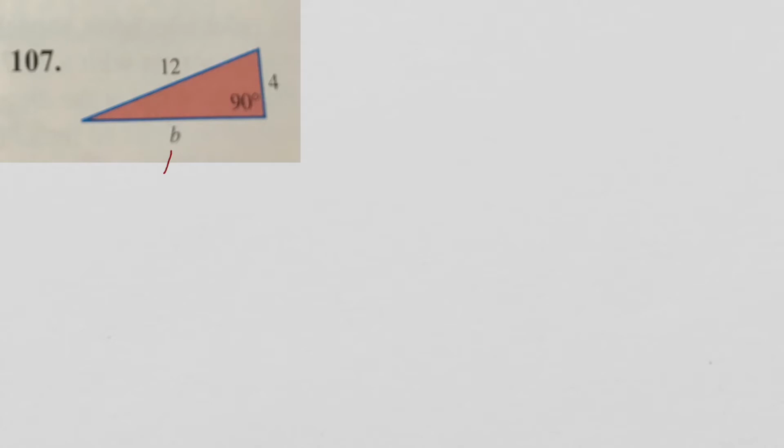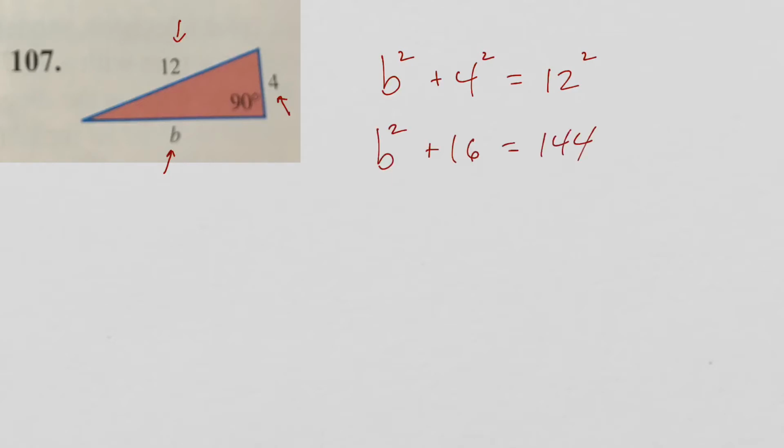Okay, in this problem, the b and the 4 are the legs. So b squared plus 4 squared is equal to the square of the hypotenuse. So b squared plus 16 is equal to 144. So b squared is equal to 144 minus 16, which is 128. So b is equal to the square root.